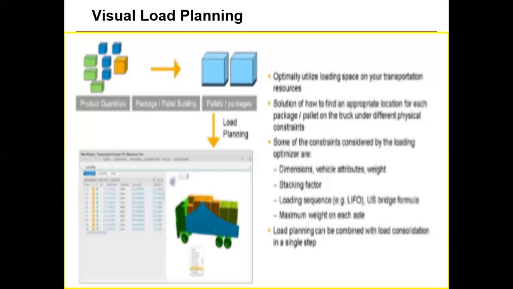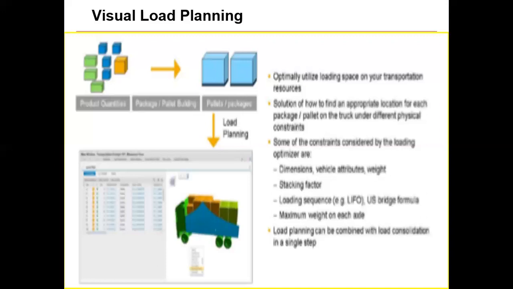Loading sequence is also very important. We have to do the stacking based on the destacking parameters. If we want to destack in the FIFO pattern, we have to do the loading or stacking in a particular pattern so that we can do destacking in FIFO.